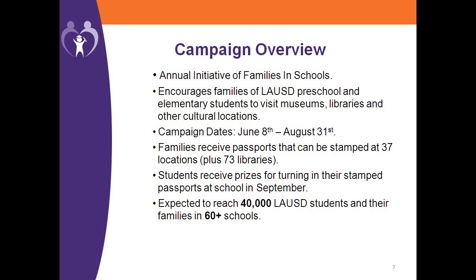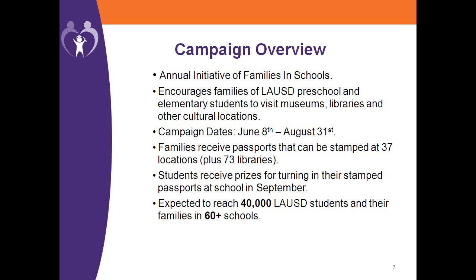And so Passport to Success is going into its second year, and so we're excited about that. Last year, we thought we had pretty good success for doing this for the first year. And so we're looking to build on the success of last year. And so Passport to Success simply encourages families of LAUSD preschool and elementary students to visit museums, libraries, and other cultural locations.